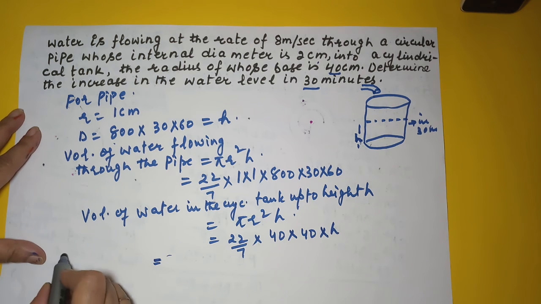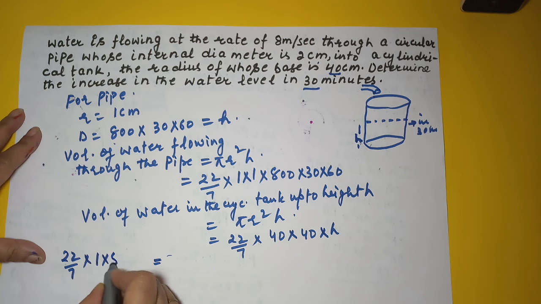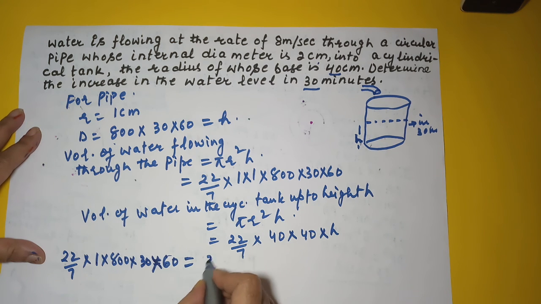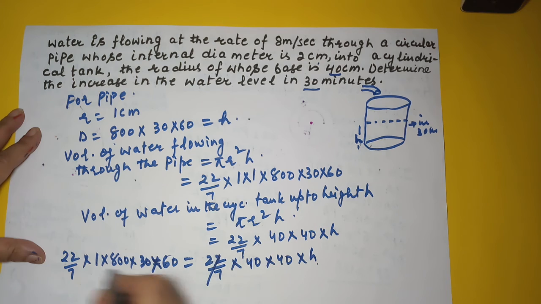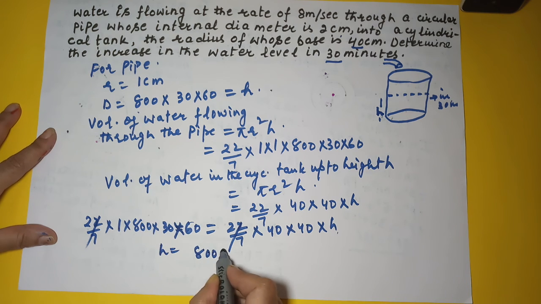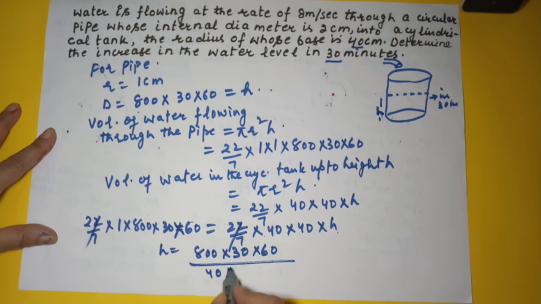So this will be 22 by 7 into 1 into 1 into 800 into 30 into 60 is equal to this volume 22 by 7 into 40 into 40 into h. From here I can calculate now h. This and this will go. So my h will be 800 into 30 into 60 divided by 40 into 40, right?